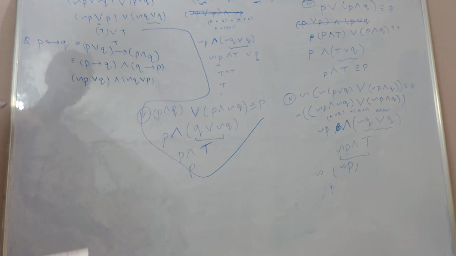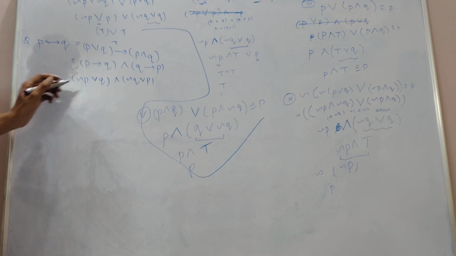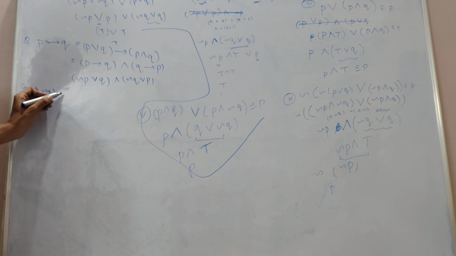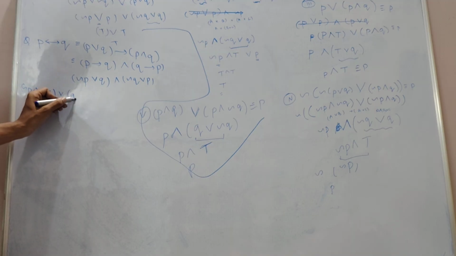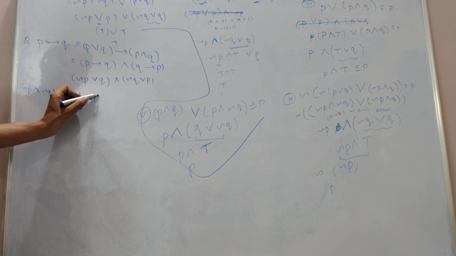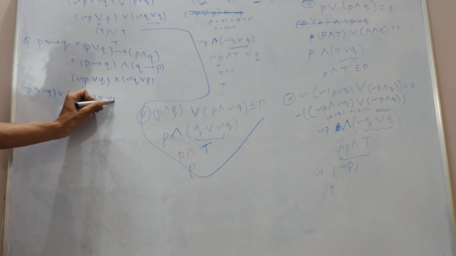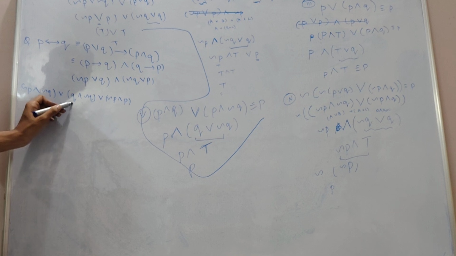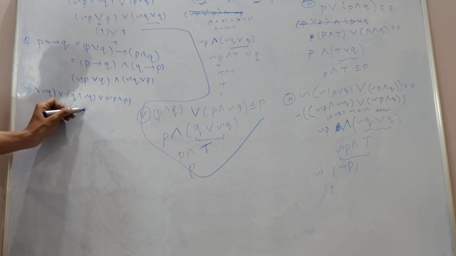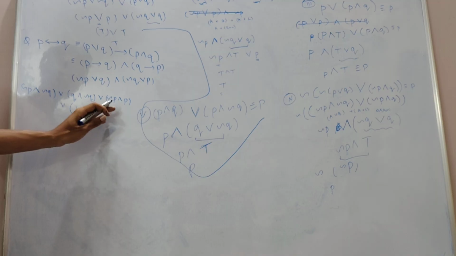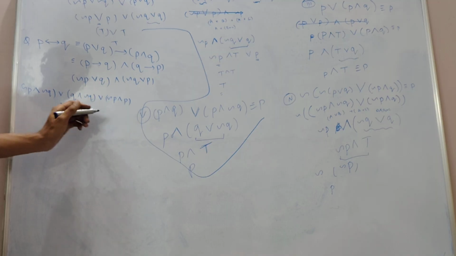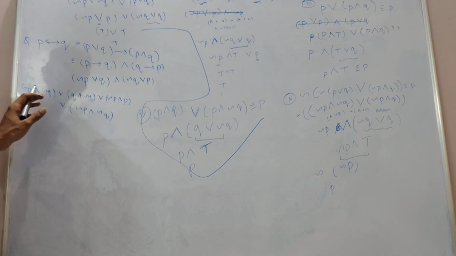And this will be written as negation of P and negation of Q or negation of P and P or negation of Q and Q or negation of Q and P, right?